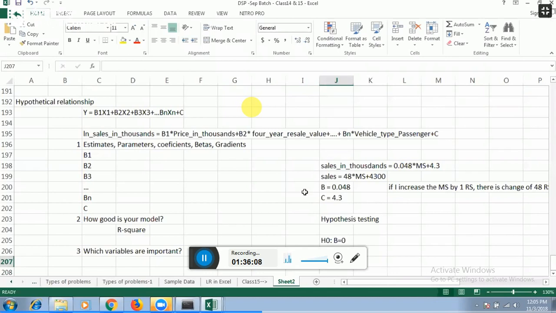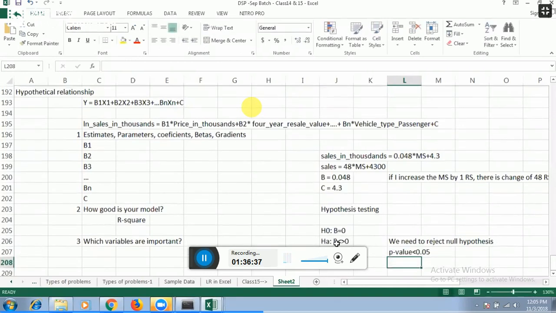So if I want to conclude that my variable has some impact on y, what should we do? We need to reject the null hypothesis. If I want to reject the null hypothesis, what should the p-value be? My p-value should be less than 0.05.